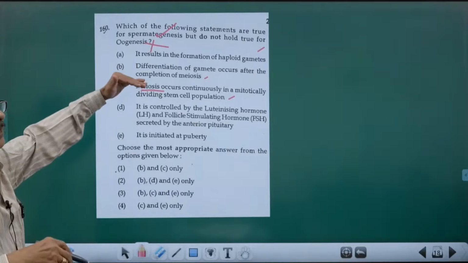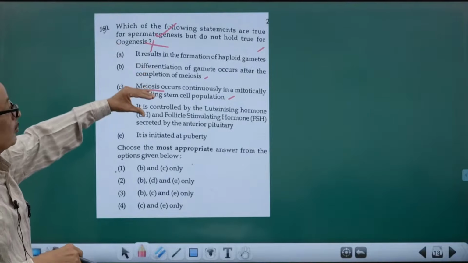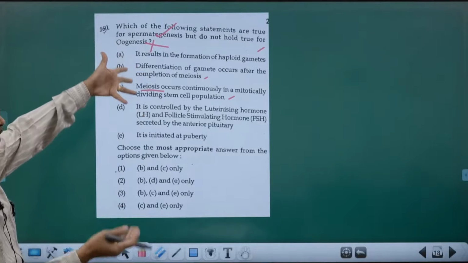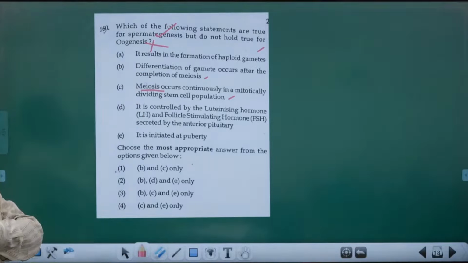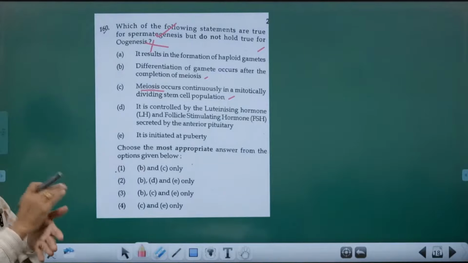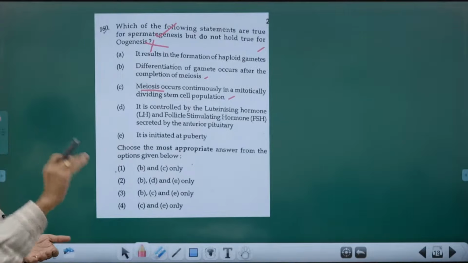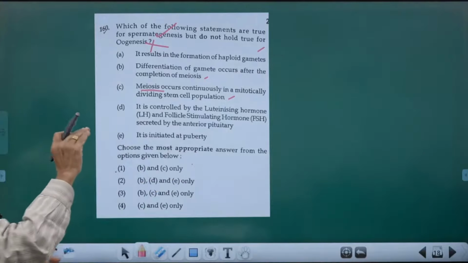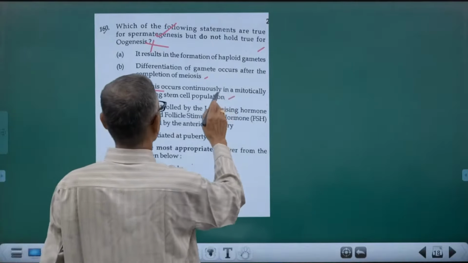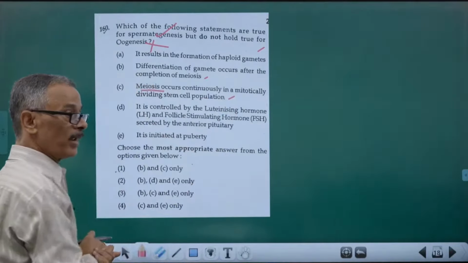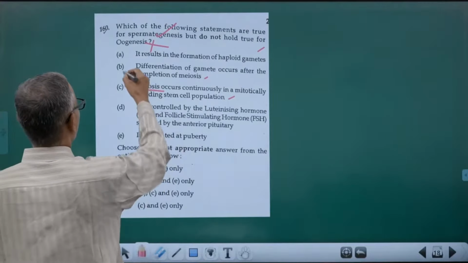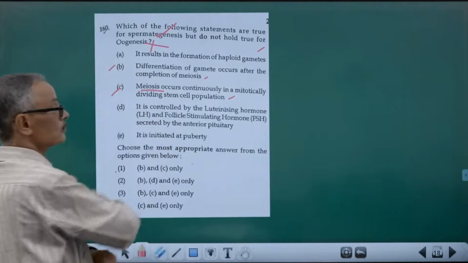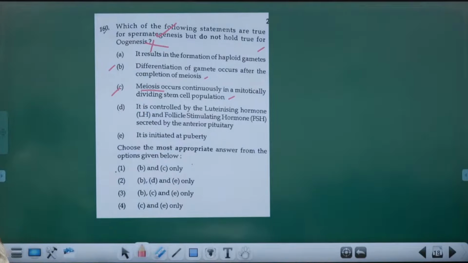This will be taking place at about the time of birth, and the remaining process of development will be taking place only after attaining puberty. So, it is not a continuous one. In the case of males, spermatogenesis is a continuous process. So, it is applicable to male but not applicable to female gametogenesis.